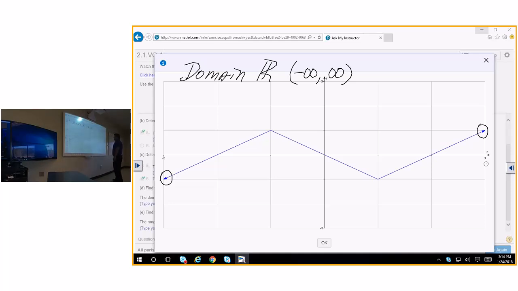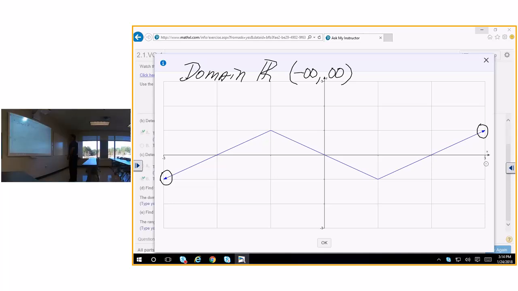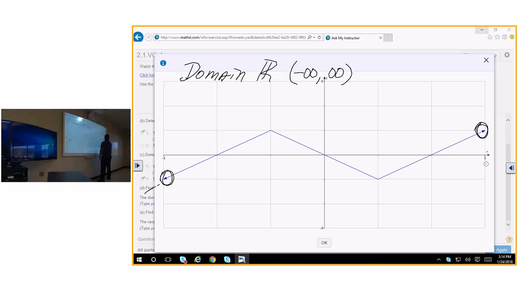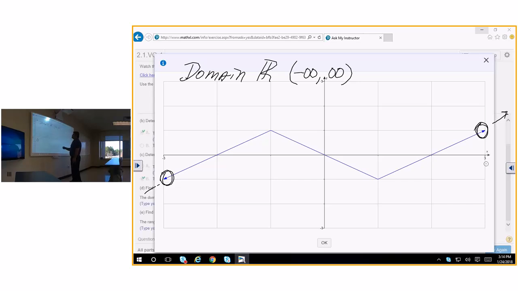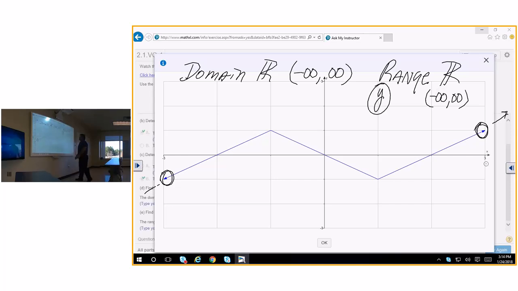You're not going to be restricted because you have these arrows, which means you're going to keep on going. This one keeps going that way, and this one keeps going this way. So that means all values of y will be used. So your range is from negative infinity to positive infinity, or all real numbers. Remember, range is y.